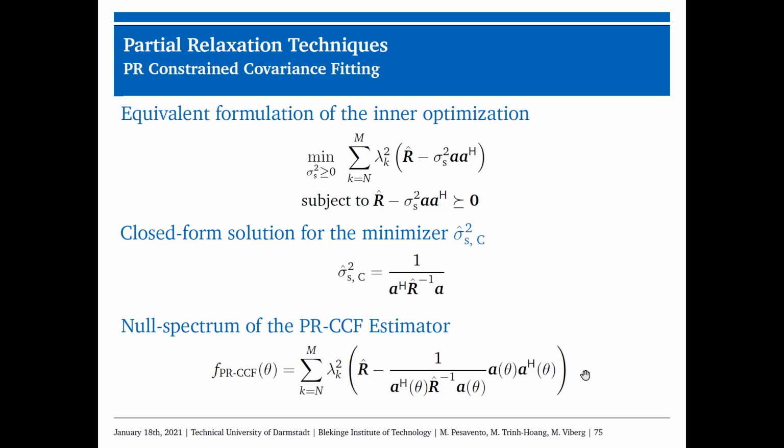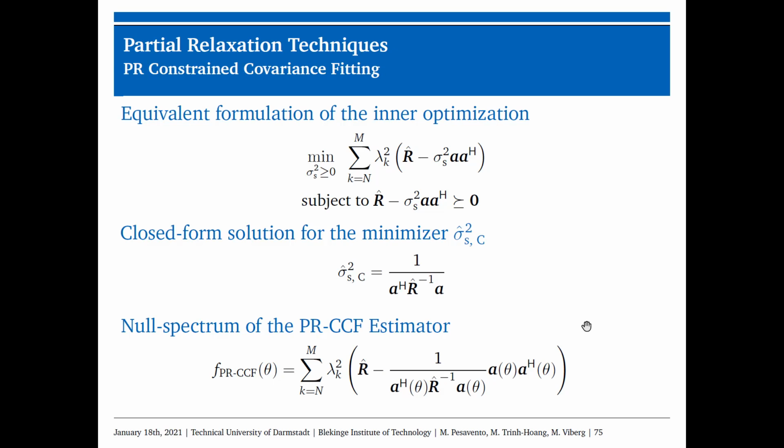But before covering this point, the PRCCF estimator shares one property with the Capon beamformer, namely that the number of snapshots must be at least as large as the number of sensors, or else the sample covariance matrix here is not invertible.